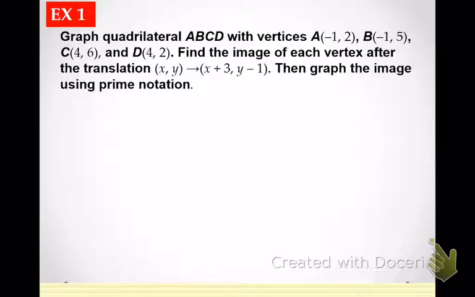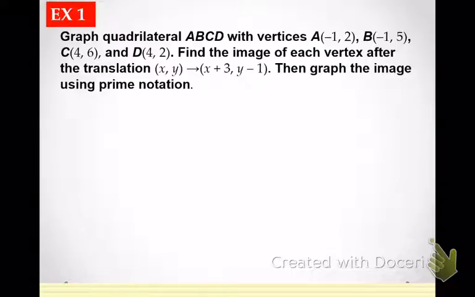Graph the quadrilateral ABCD with vertices as given. Find the image of each vertex after the translation that takes the points (x, y) to the points (x + 3, y - 1). Graph the image using prime notation. So what that means is, this is the original, and the image would be the prime.